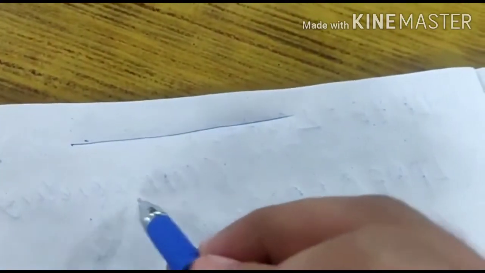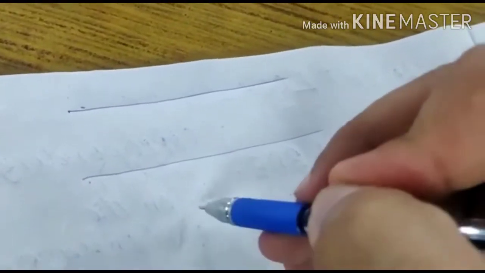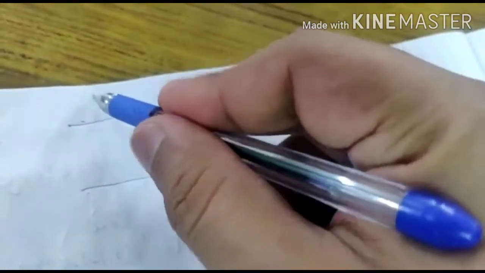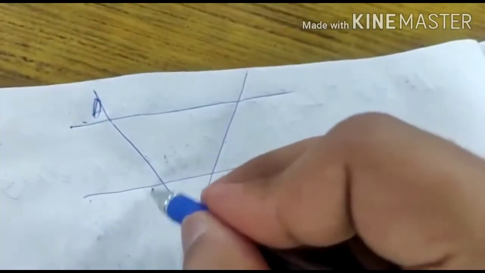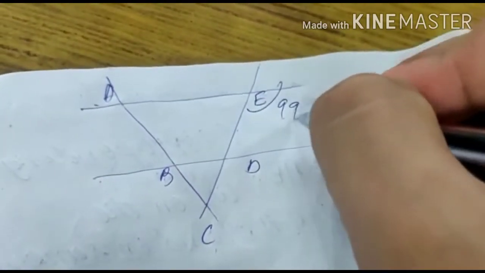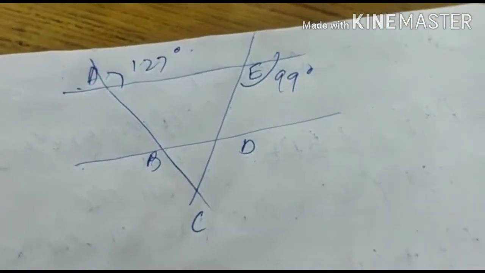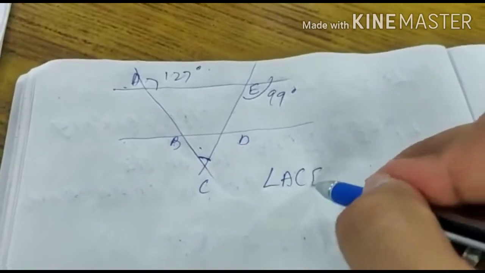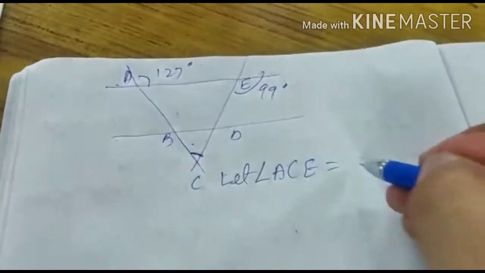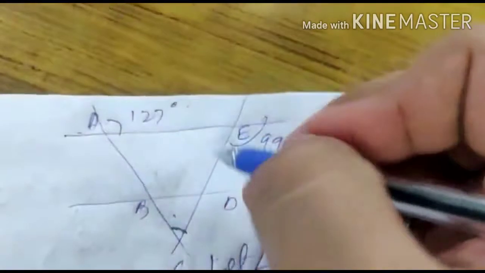Here, if we draw the image, this line and this line, this is A, B, C, D and E. If we see, this is 99 degree and this is 127 degree. Okay, so we have to find this angle. We will write angle ACE as x and we have to find this angle.